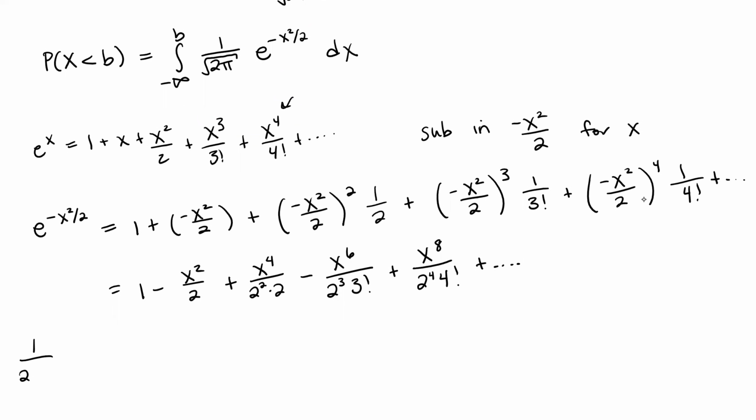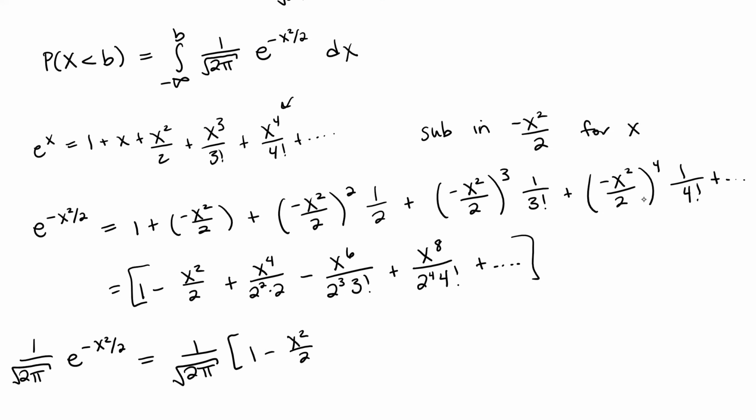So 1 over the square root of 2 pi e to the negative x squared over 2 is equal to 1 over square root of 2 pi, and we'll just copy everything from up here. So we have 1 minus x squared over 2 plus x to the 4 over 2 squared times 2 minus x to the 6th over 2 cubed times 3 factorial plus x to the 8 over 2 to the 4 times 4 factorial plus dot, dot, dot.